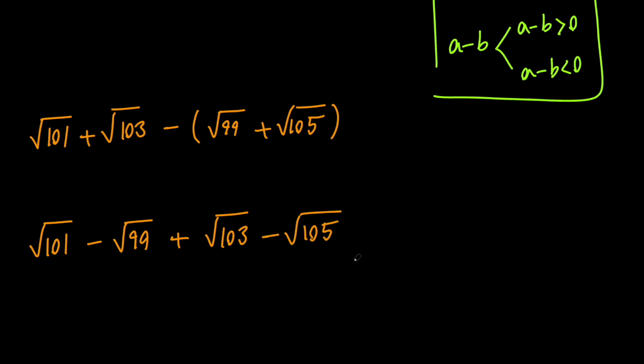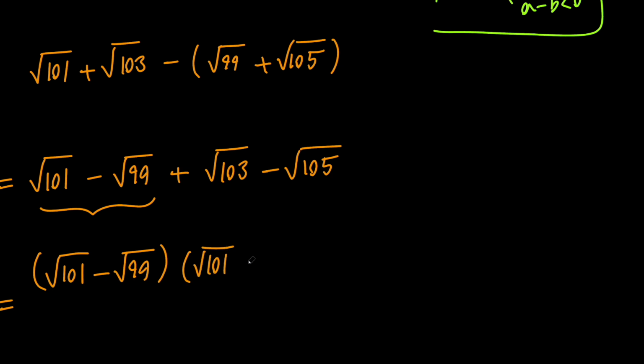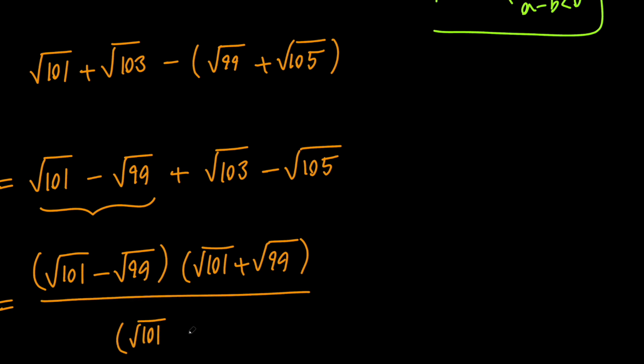Now, in order to get something out of this, I'm going to multiply these two by their conjugate and then divide by the same thing. So we have the square root of 101 minus the square root of 99 multiplied by the square root of 101 plus the square root of 99, and then divided by the square root of 101 plus the square root of 99.